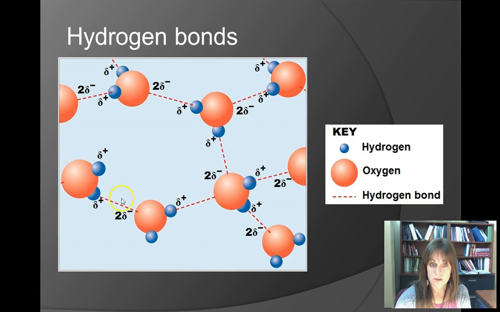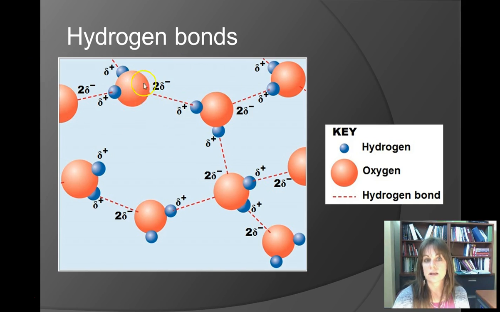Here's another polar covalent molecule. What you should notice is that when you put a whole bunch of polar covalent molecules together, those partial charges are going to be a little bit attracted to each other.